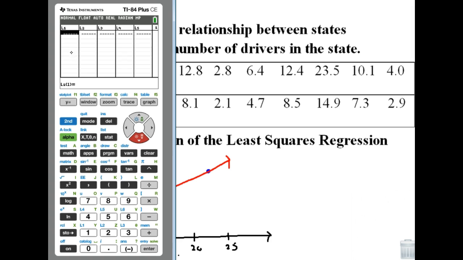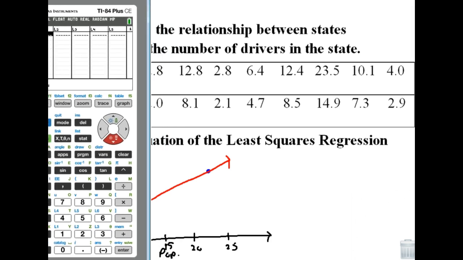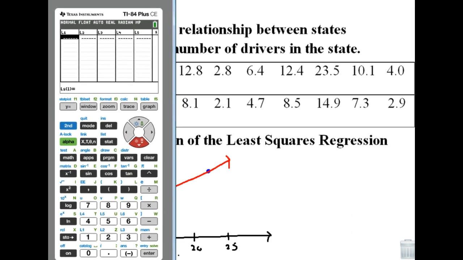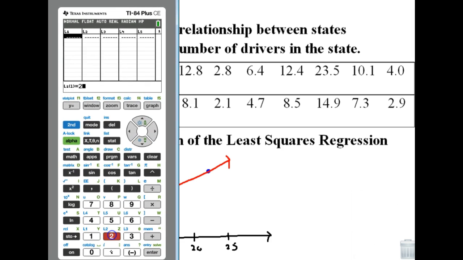And then for my List 1, I'm just going to put all these values in for my populations. So we have a 2.8, Enter, 12.8, Enter.